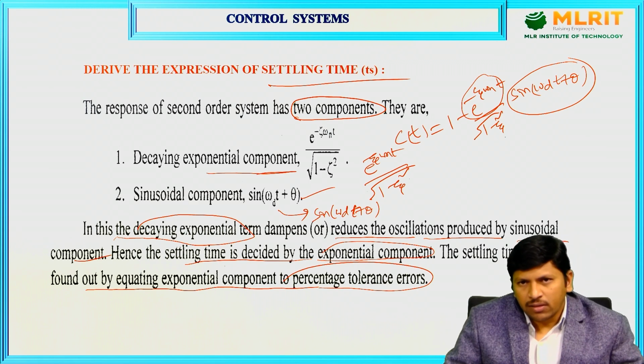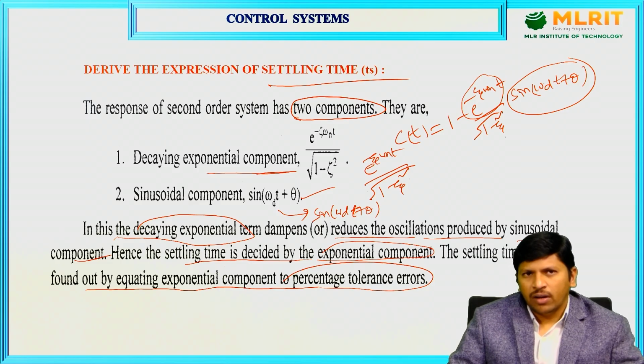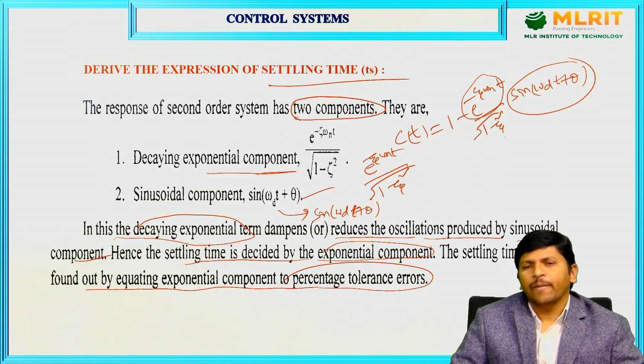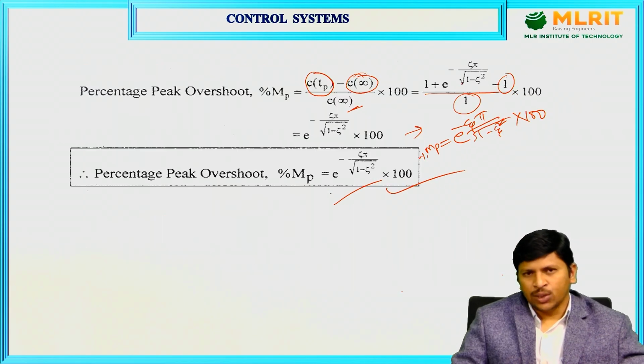This is about how to derive the expressions of all the time domain specifications, like settling time as well as maximum overshoot or peak overshoot, right? I hope you understood every expression and how to derive it.